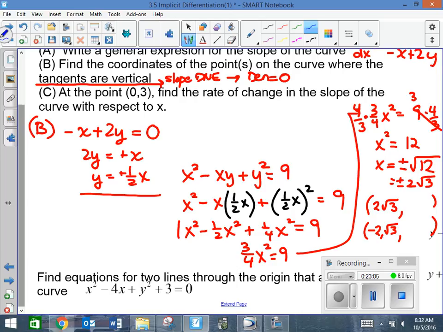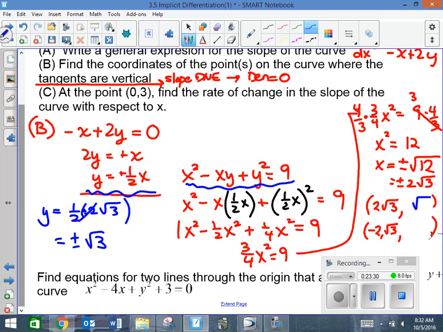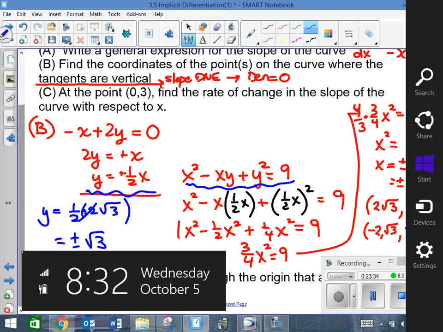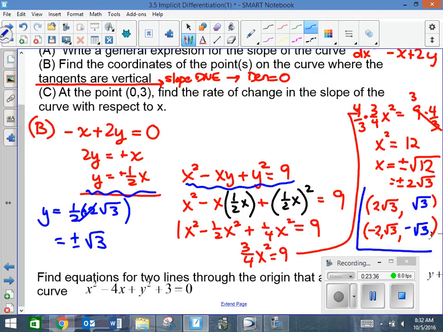You could plug it in here, because that's where it came from, but it makes sense to put them in here. 1/2 times plus or minus 2 radical 3, so y equals plus or minus radical 3. The plus goes with the plus and the minus with the minus. That's your answer for B.